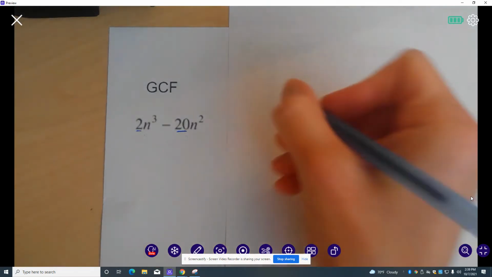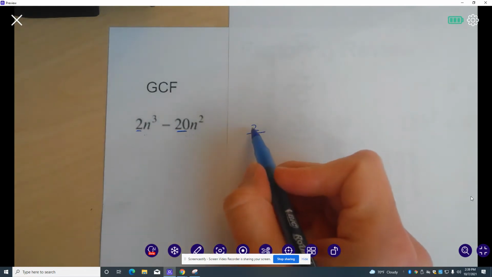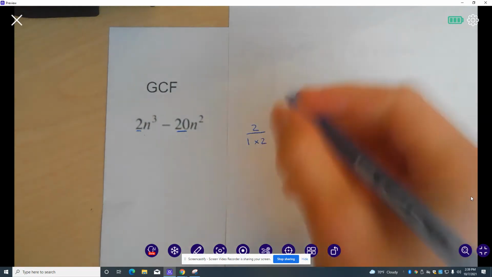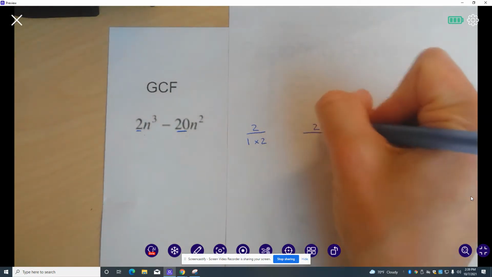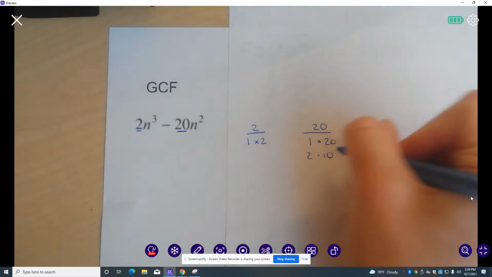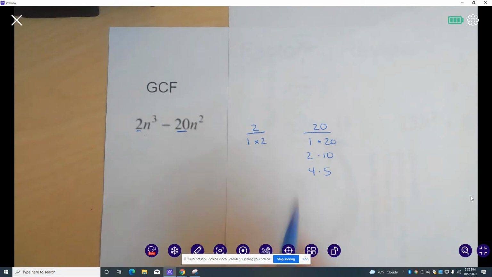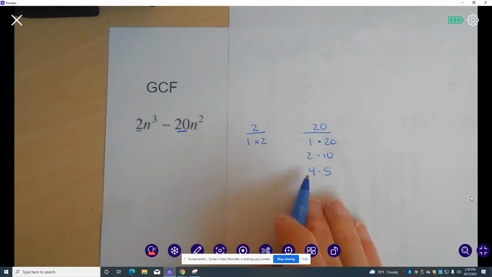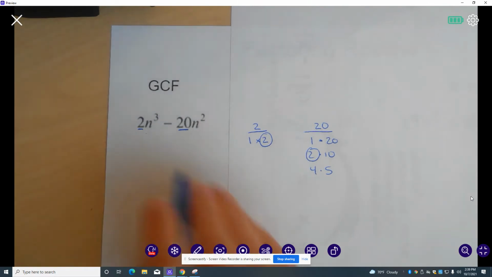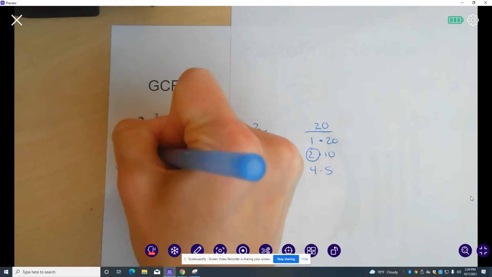If you're not sure, remember, you could always write down the factors of 2 and 20. For example, you've got 1 times 2. Those are the only factors of 2. And the factors of 20 would be 1 times 20, 2 times 10, 4 times 5. Now the greatest factor that they have in common is 2. So the greatest common factor is 2.